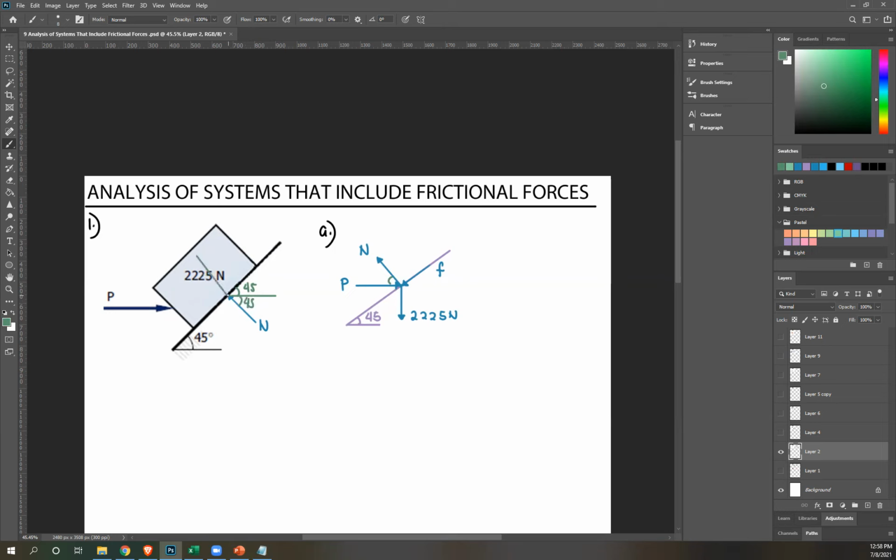If I extend that line, we have vertical angles. This is vertical to this angle, so this is also 45. That's how this came to be. Or if you don't want to solve that, just remember the angle of N from the horizontal is always the complementary angle to whatever this angle theta is. So 90 minus 45, this is 45.